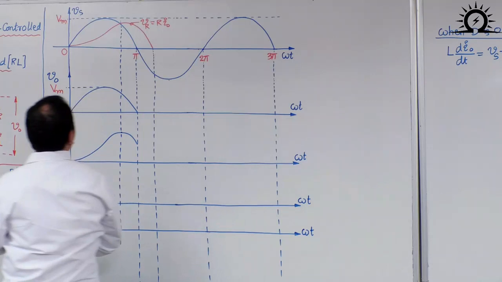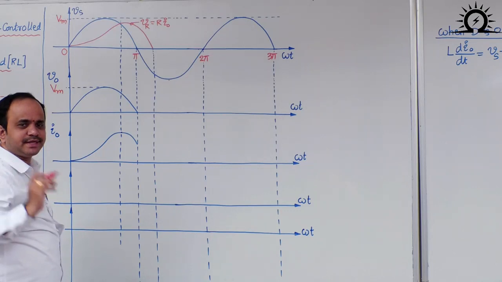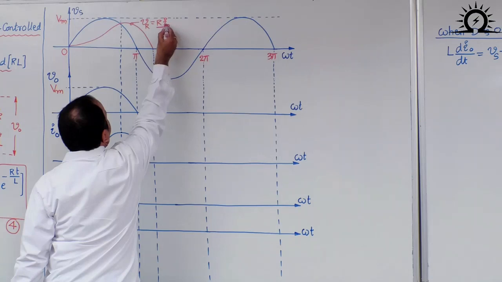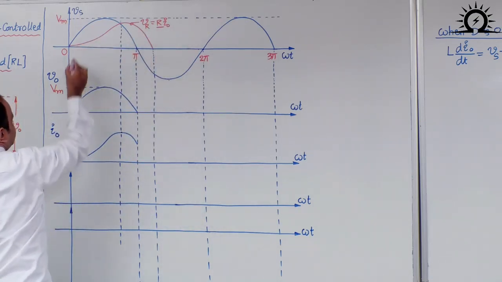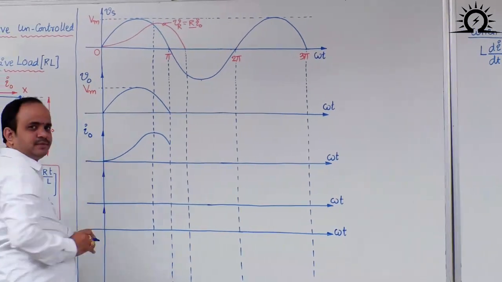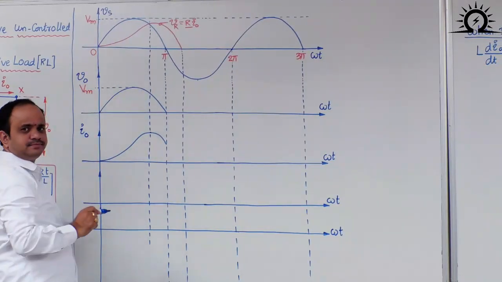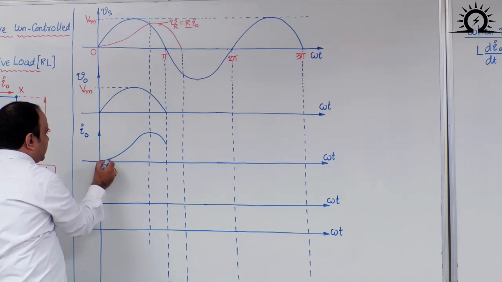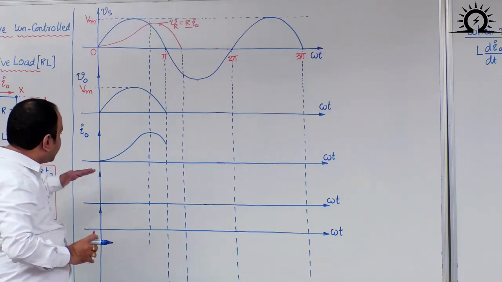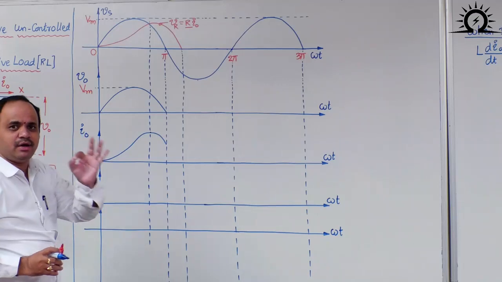Simultaneously, if you draw the voltage across the resistor waveform, what is the voltage across the resistor? R is a number, multiplied with the I naught value at every instant of omega t. I have the I naught value at this point, multiplied with R, so I will get one value here. For the next omega t value, I get I naught somewhere here, multiply that with R. If you proceed in that way, you will get up to some angle of instant.